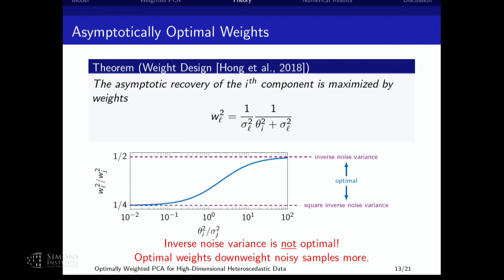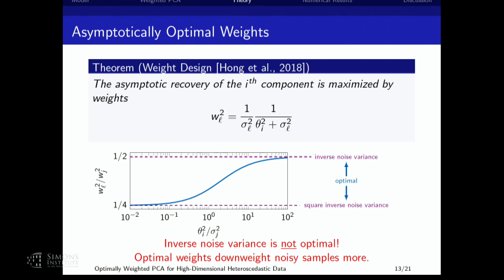So if we look at this expression in terms of other things we might consider, like the inverse noise variance, for example, we see that as the signal-to-noise ratio increases, this will range between the inverse noise variance, if the signal-to-noise is very, very high, and the square inverse noise variance, if the signal-to-noise ratio is very small.